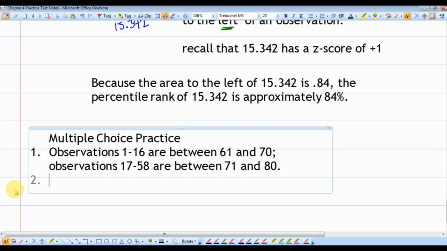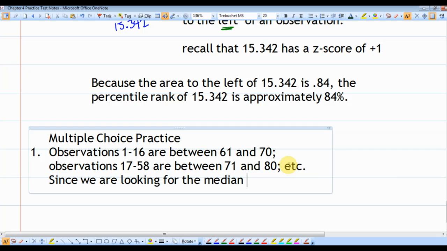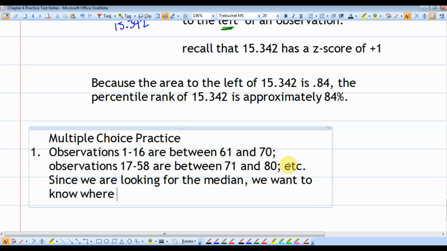Since we're looking for the median, we want to know where the 50th observation is.